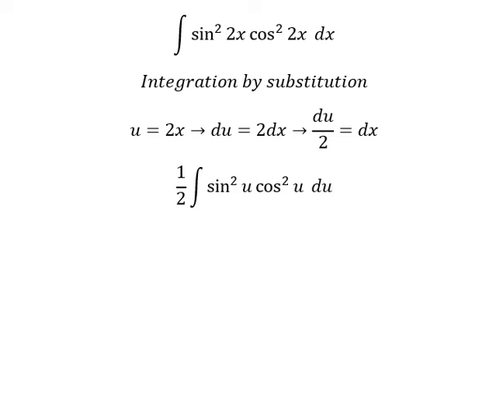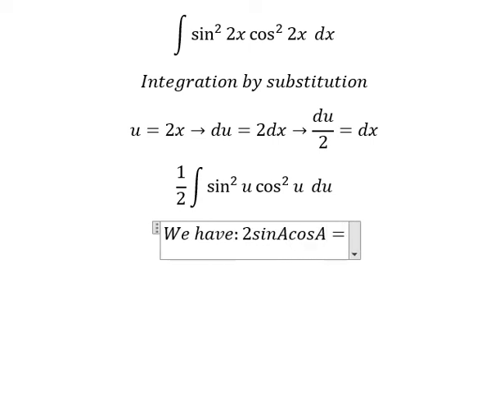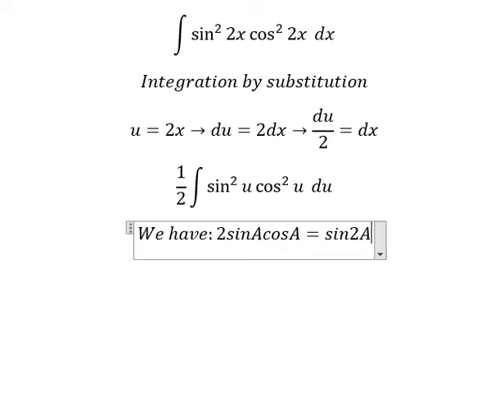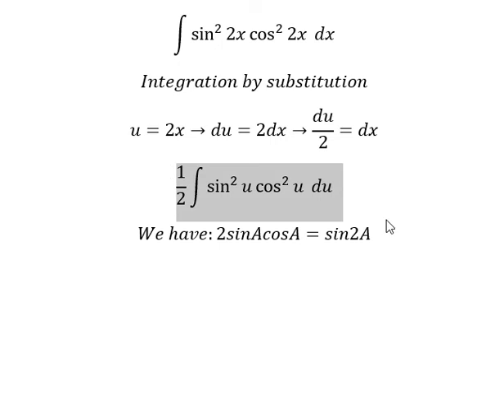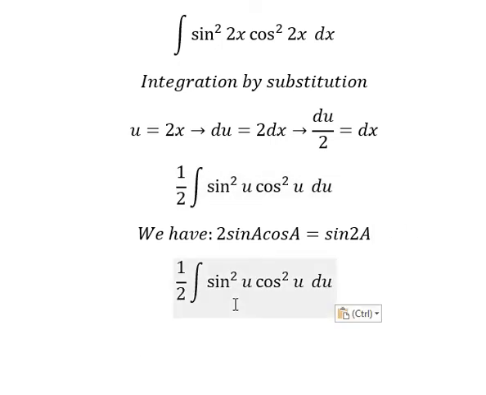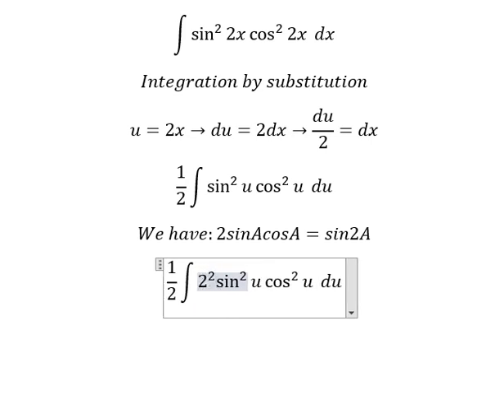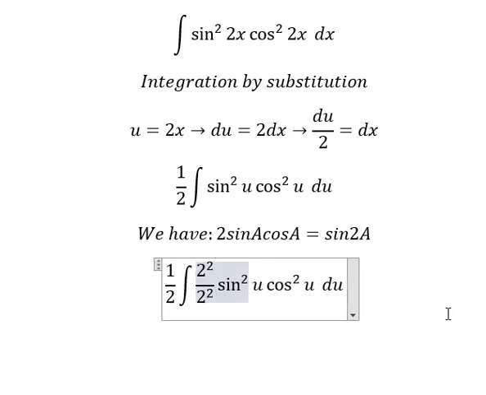Now we apply the formula in here: 2 sine a cosine a equals sine 2a. This one is missing the number 2, so we need to create 2 squared over 2 squared. Why do we need the square? Because we have sine squared and cosine squared in here.